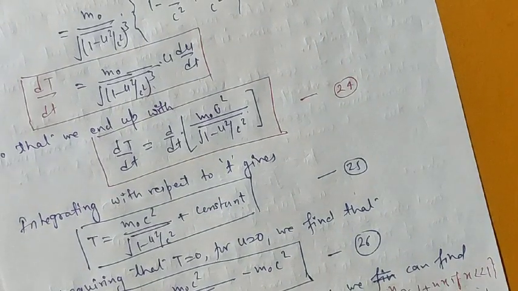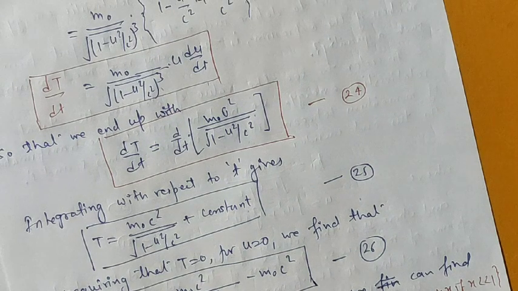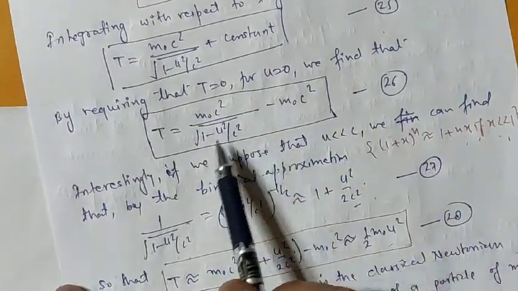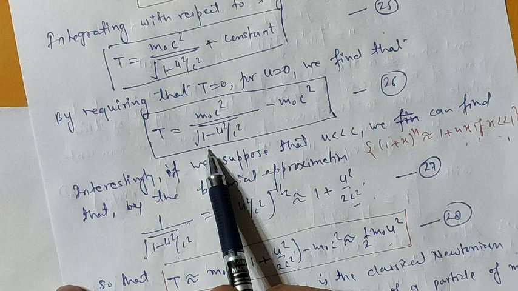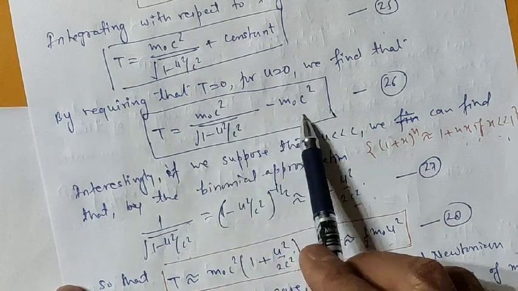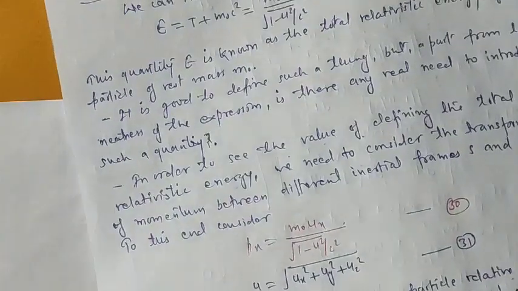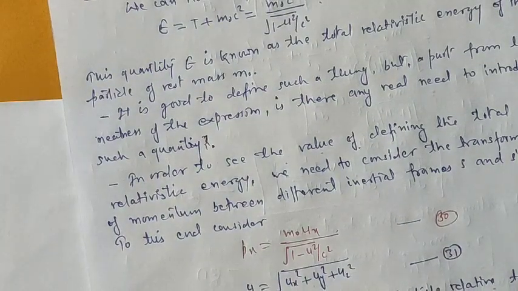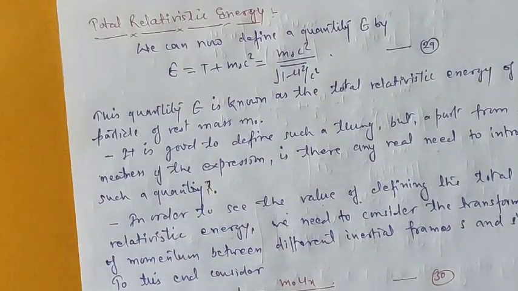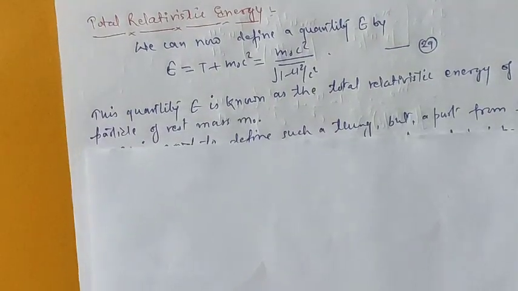Now that we have defined the kinetic energy T, equal to m naught c square divided by root of 1 minus u square divided by c square, minus m naught c square, we will define the total relativistic energy.